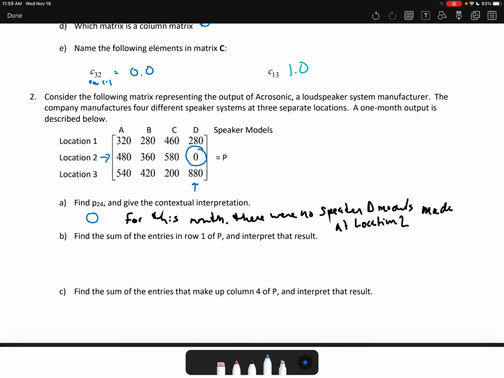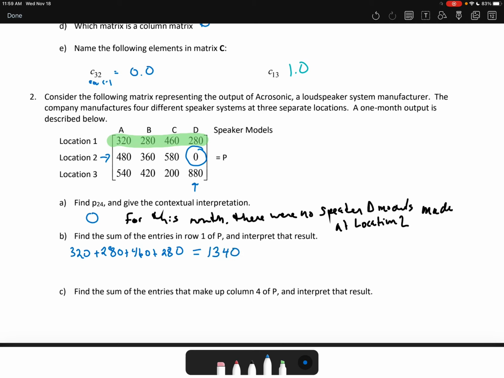Find the sum of the entries in row 1 and interpret that result. So row 1 is this row. If we find the sum, that would be 320 plus 280 plus 460 plus 280 again.